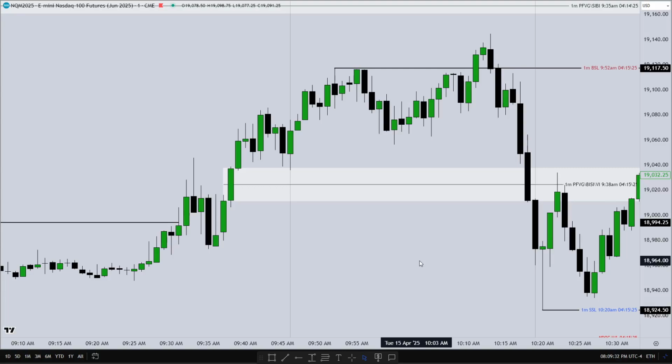And that is a good amount, but I don't think that's very, very tough to spot, in my opinion. Even I don't think I would be able to recognize that or put any trade off of that, considering that we didn't close below the first presented fair value gap.